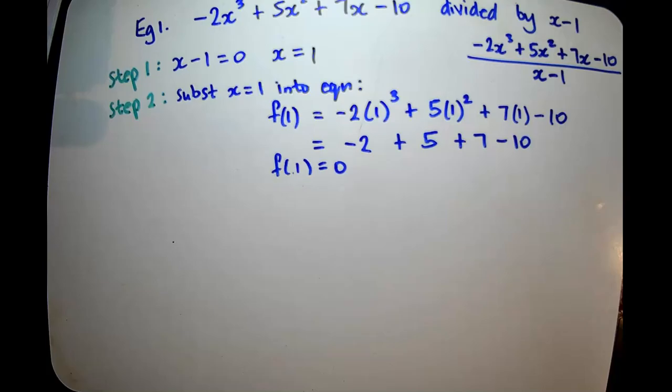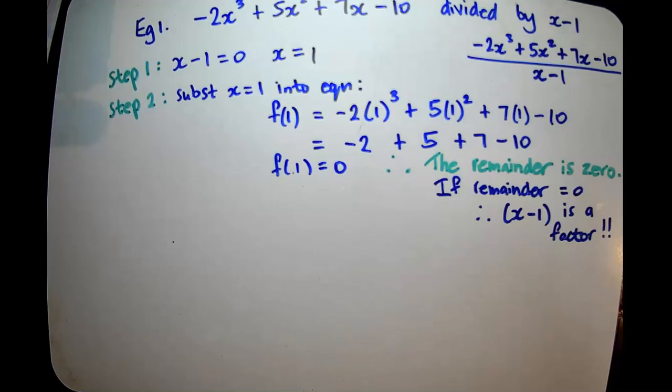This means x minus 1 is a factor. So if we get an answer of 0 when substituting 1, which we got from here, this means that x minus 1 is a factor. So if the remainder is 0, then x minus 1 is a factor.